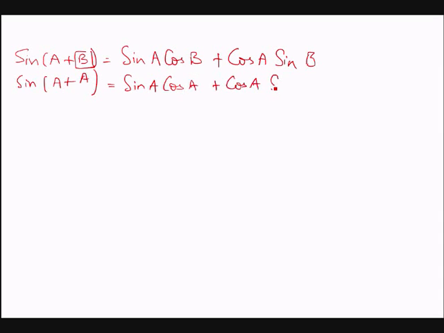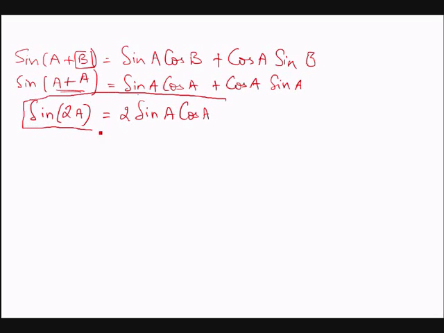In the place of B I am writing A, so cos A and sin A here. A plus A is twice A, therefore sin of twice A is equal to sin A cos A plus cos A sin A, which is twice sin A cos A. Therefore sin 2A is equal to 2 sin A cos A, which is known as the double angle formula for sin.